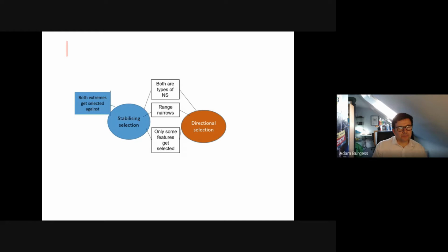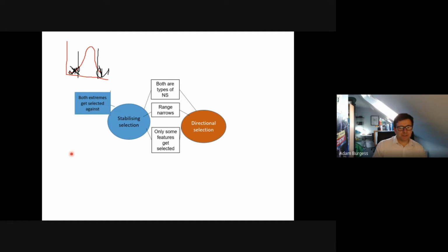I can draw a graph. Look, what happens is that the range narrows. Shall I change the color? Pink. What happens is that gets eliminated and that gets eliminated. So you get a narrower range. So both extremes get selected against.